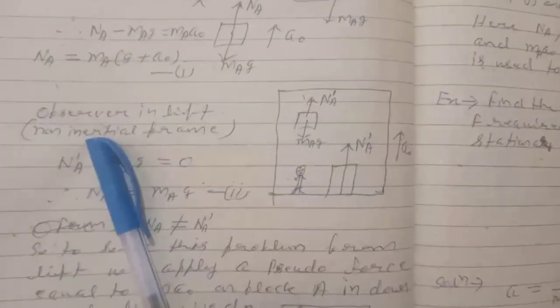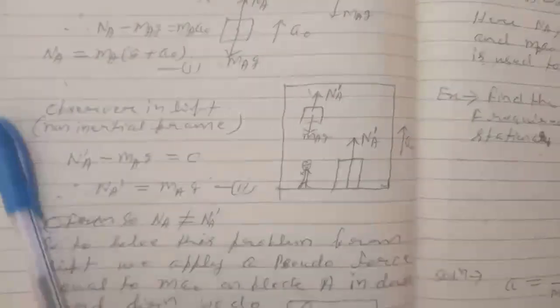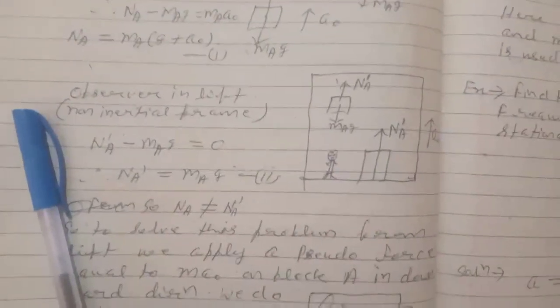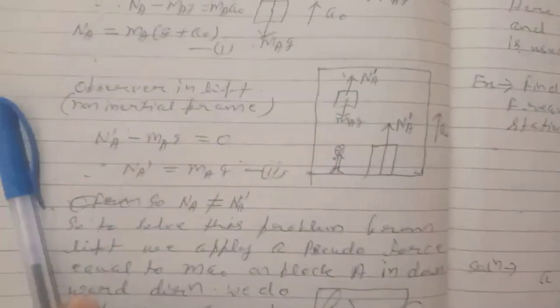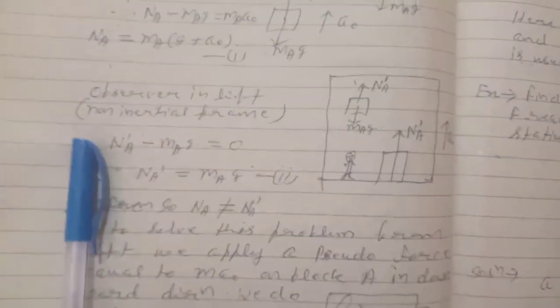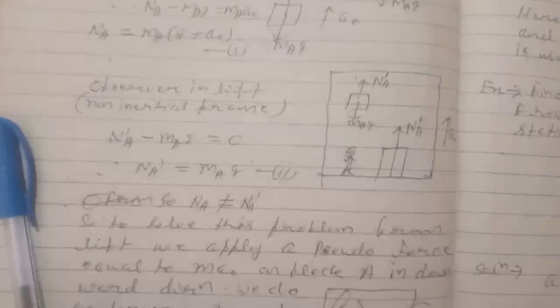Now consider the observer in the lift, a non-inertial frame, and we are not using the pseudo force technique. Then the observer in the lift sees that the block is at rest, so he will use directly N_A dash minus m_A g equals 0, which gives him N_A dash equal to m_A g.